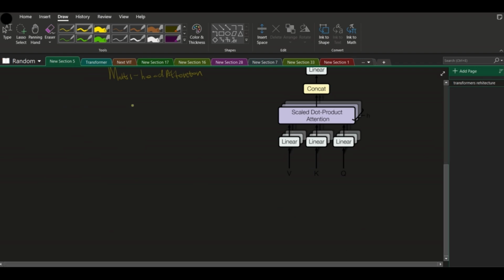But this time, if we have our input like so, x, and let's assume that our sentence was "transformer model", represented as a matrix, we can have the first head, let's say head 0.